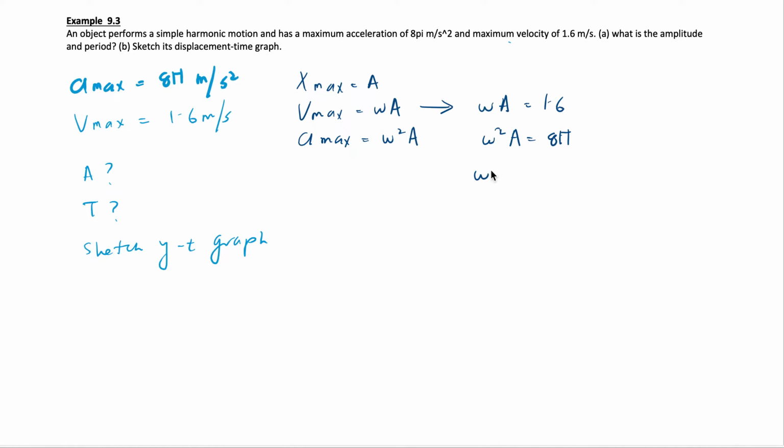And then I can say that omega A times omega, which is omega squared A, is 8 pi. And I know what my omega A is, which is 1.6. So I just substitute that here.